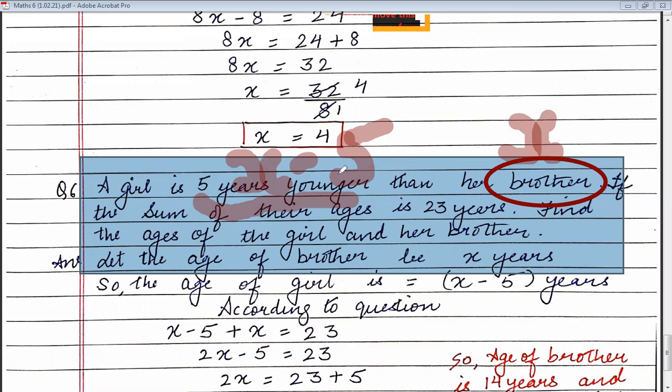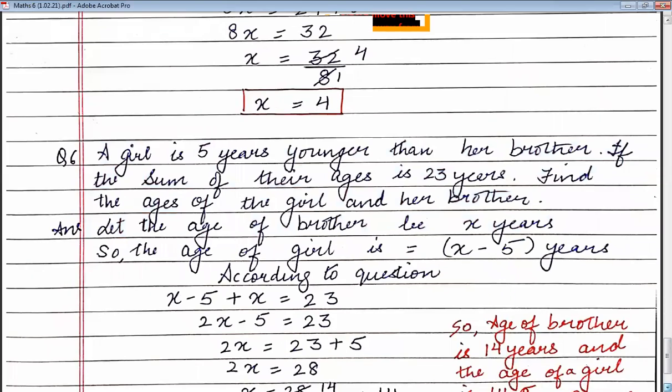Now children, according to the question, the sum of these two ages is equal to 23. Girl's age plus brother's age is equal to 23. So when you add these two things, you will get 23.